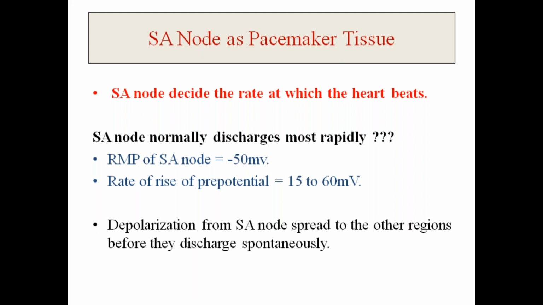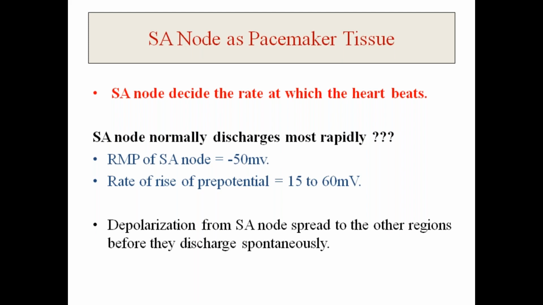And this depolarization generated from the SA node spreads to other regions and depolarizes these areas before they can get depolarized on their own. So basically, the SA node is controlling the rate at which your heart is beating.